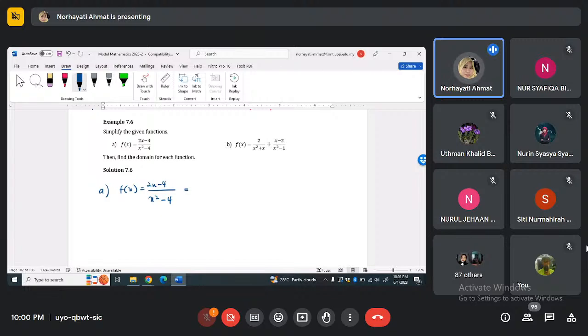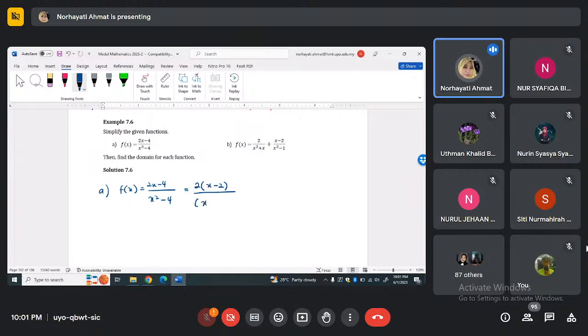So for numerator, we have both terms sharing a common factor. Okay, the biggest common factor, which is 2. So we can factorize 2. Okay, therefore, the first term only has x, and the second term we only have negative 2. Okay, we already factorized 2. Okay, now for denominator, we also can factorize this.